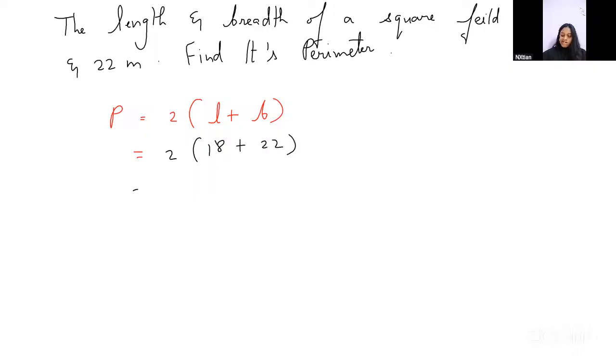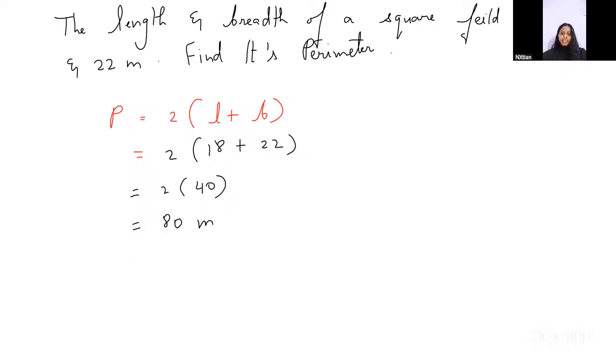So 18 meters plus 22 meters is 40 meters, and then if you multiply that by 2, you get 40 times 2, which is 80.